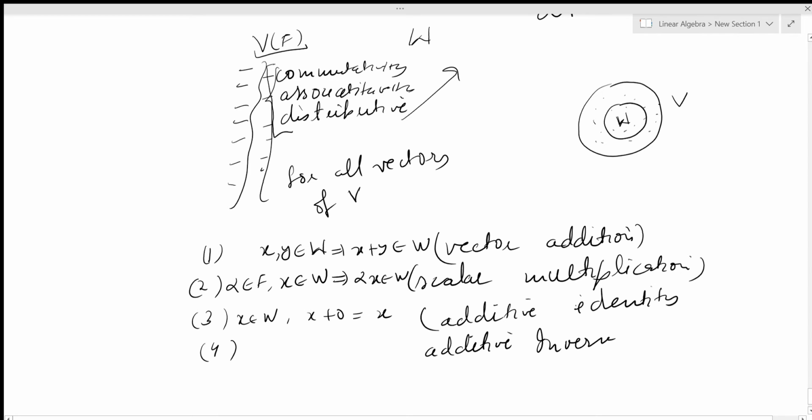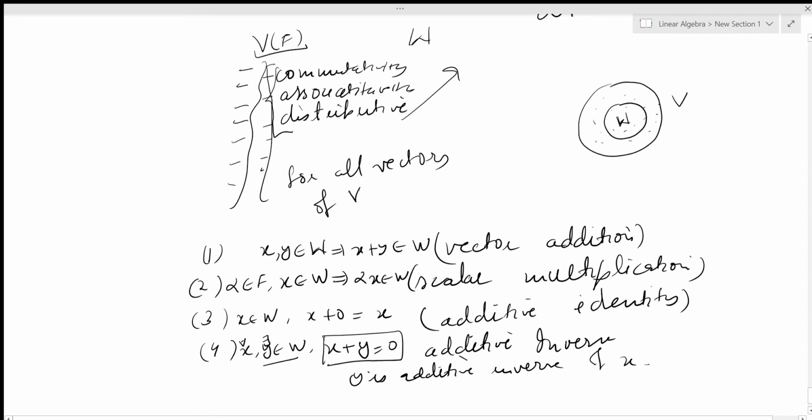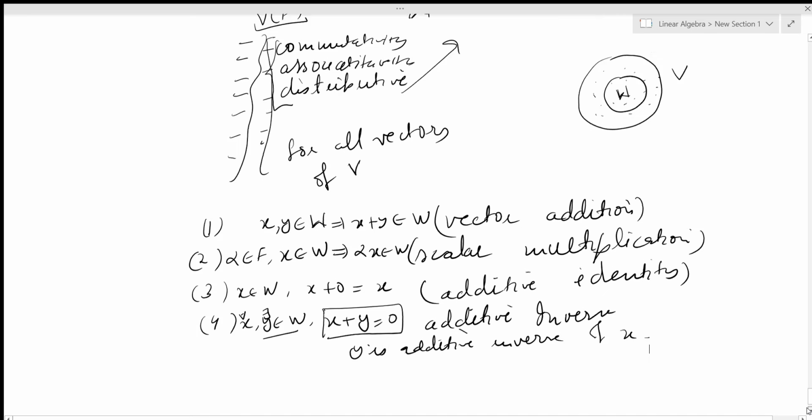Now additive inverse: for every x there exists some y such that x plus y is 0. We say that y is the additive inverse of x. So these 4 properties are needed to be satisfied.